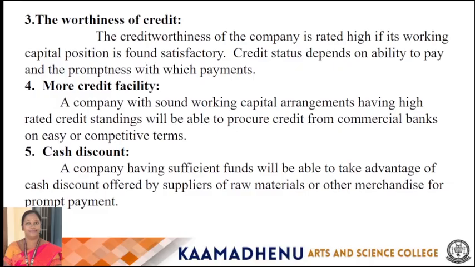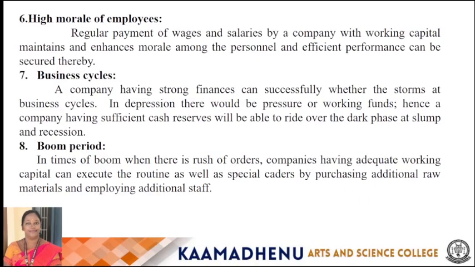A company with sound working capital arrangements and high rated credit standing will be able to procure credit from commercial banks on easy or competitive terms. And the next thing is cash discount. A company having sufficient funds will be able to take advantage of cash discounts offered by its suppliers, raw materials or other merchants for prompt payments.